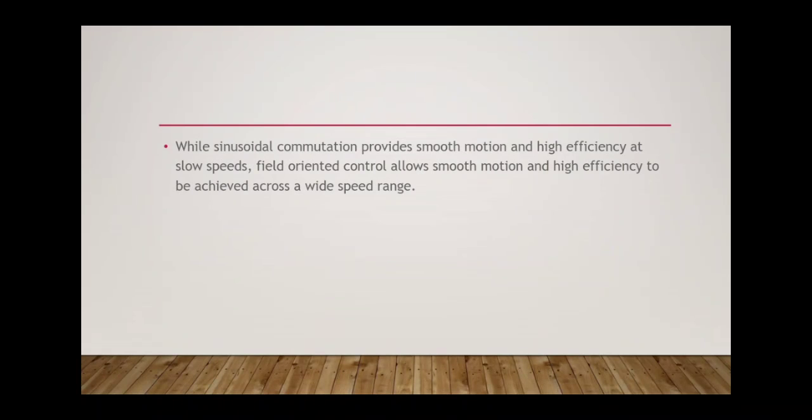And finally, while sinusoidal commutation provides smooth motion and high efficiency at slow speeds, field oriented control allows smooth motion and high efficiency to be achieved across a wide speed range.